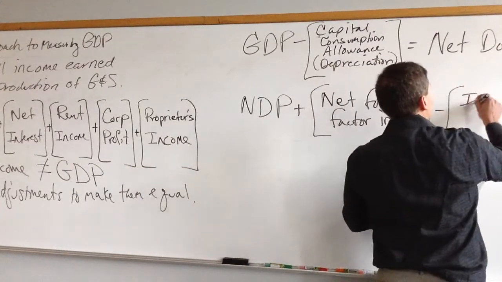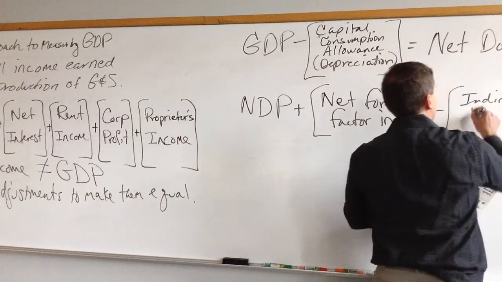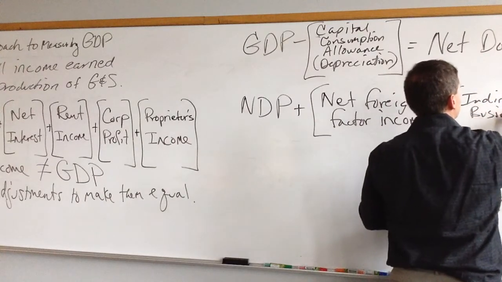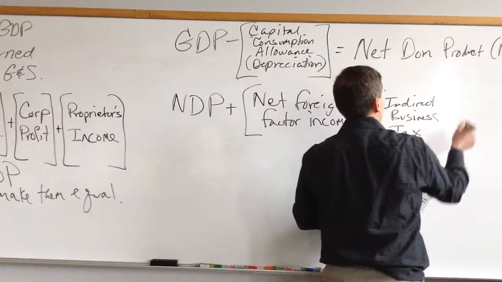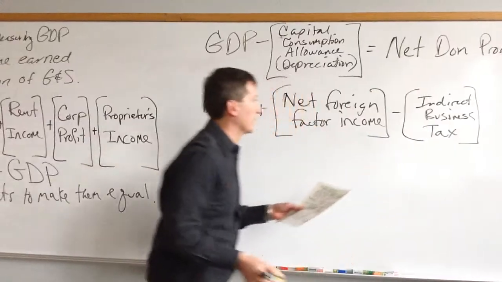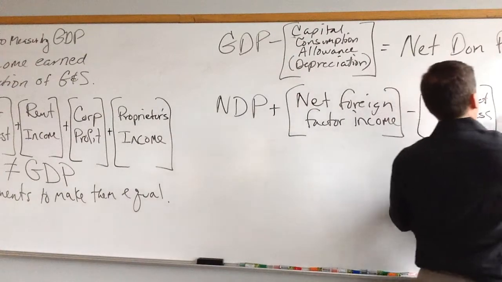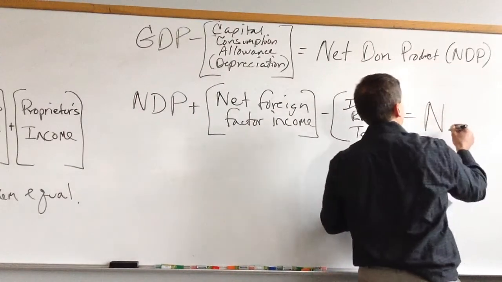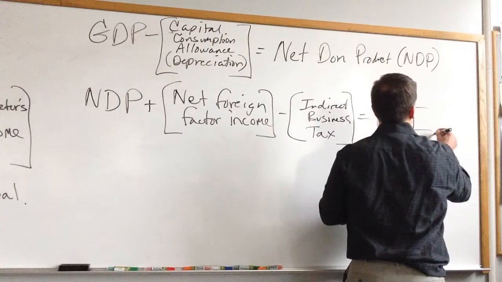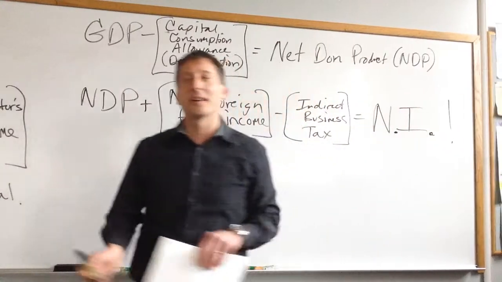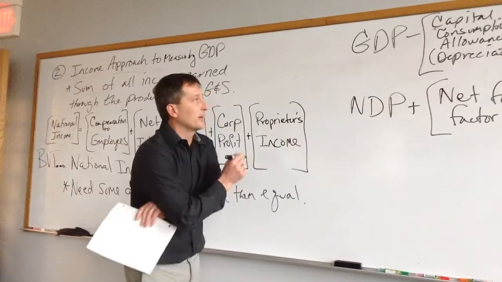Subtract off some indirect business taxes. These are little luxury taxes and a few little miscellaneous taxes. And we get national income. Phew! Done with the accounting. I promise we won't do much more accounting.